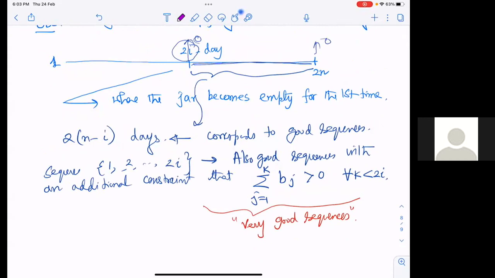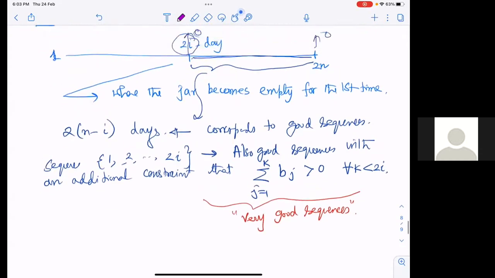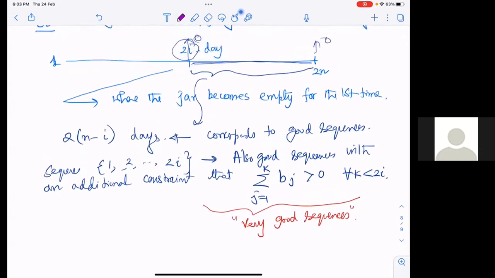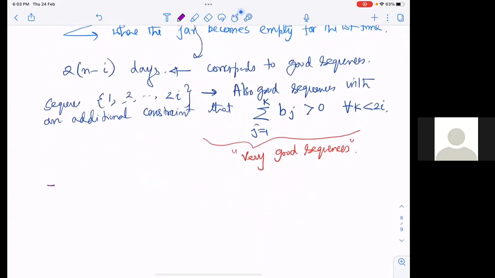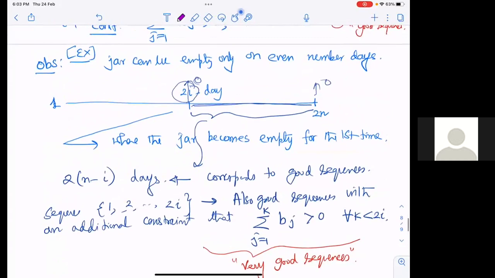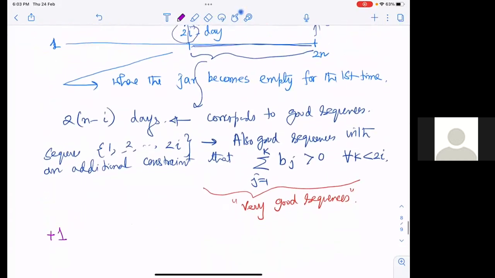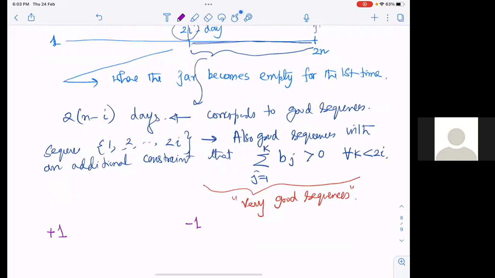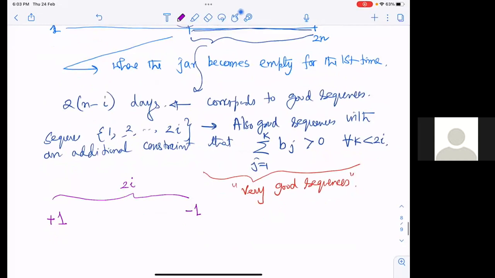Now observe that in this first part, 1 to 2i, which is a very good sequence, the sequence starts with +1. You have to put something in the jar, and then at 2i, the jar becomes empty. So you have taken out something. So this ends with -1, right?